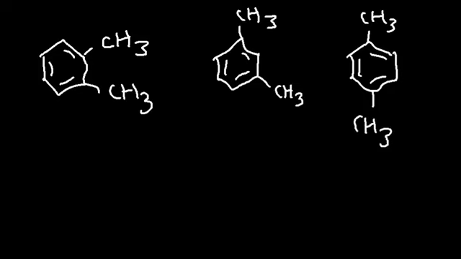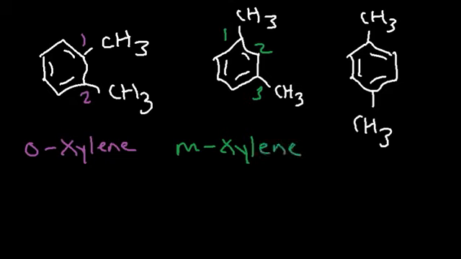Now the first one, the methyl groups are 1,2 apart. So this is called ortho-xylene. In this structure, they are 1,3 apart. So this is going to be meta-xylene. And here the first one is on 1, the last one's on 4. So 1,4 is associated with para. So this one's called para-xylene.